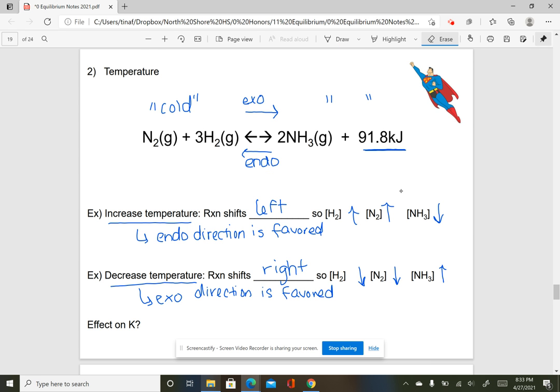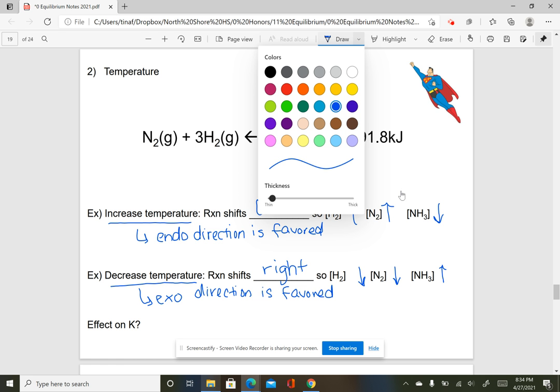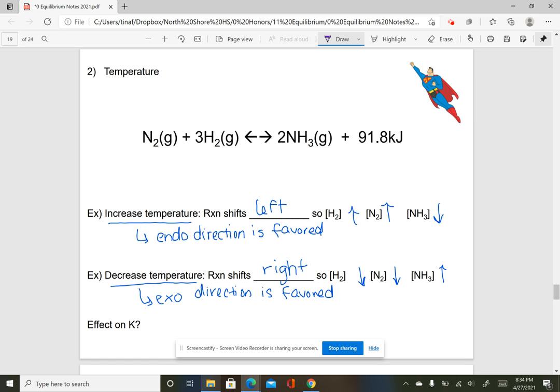Okay, so I'm going to erase this and show you that up and away, down and towards can work here as well. So in this equation, temperature is not in this equation. Kilojoules is a form of energy, but we can pretend that temperature and energy are the same thing for the sake of checking our work.